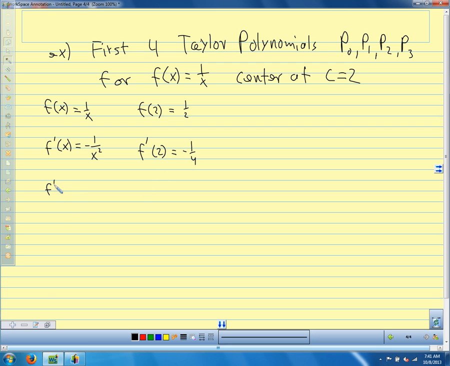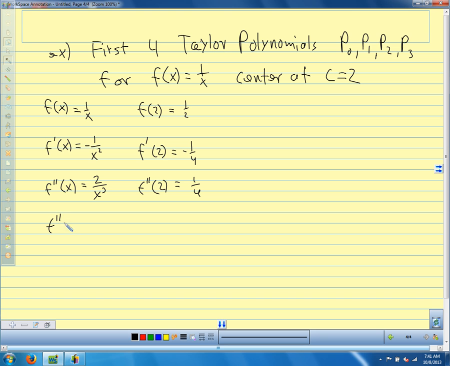f double prime of x is, what is it? 2 over x cubed, since I have this 2 that comes down. And there we go, f double prime at 2 comes out to be 1/4. 1/4 again, but I have a positive this time.